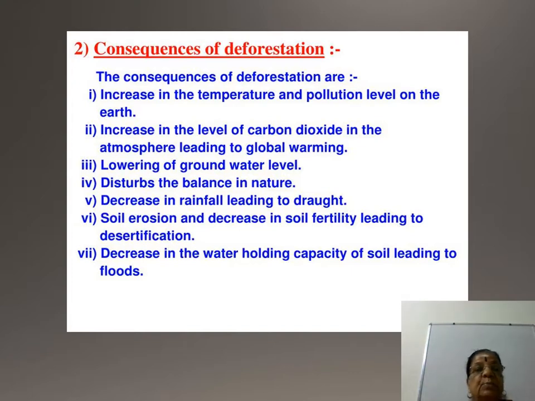So these 7 points are consequences of deforestation. I hope you understand.